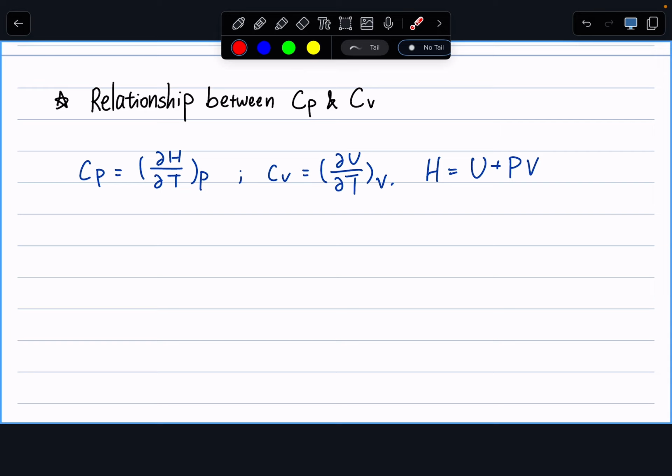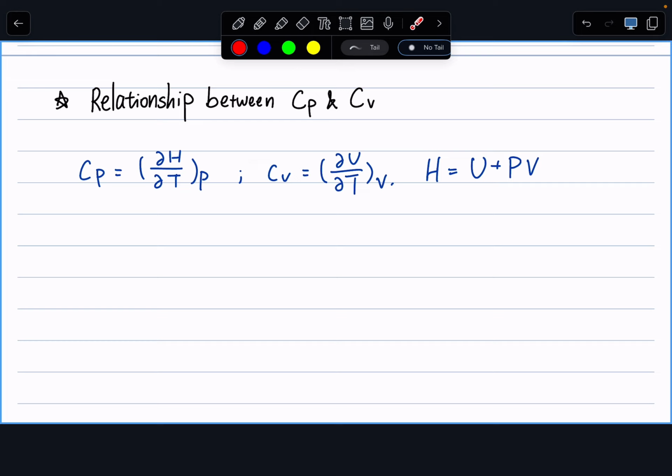So we can further simplify this relationship without having dH around. Since we're looking at constant pressure, the term in the bracket becomes the partial derivative of U over T at constant P plus pressure times dV over dT at constant P. Again, we can take pressure out because we're talking about a constant pressure process, and then we keep this term around.